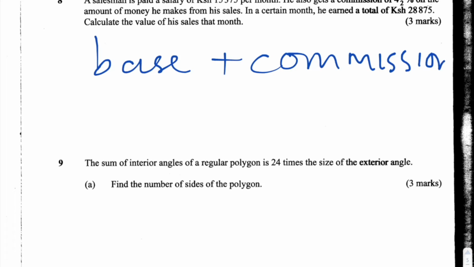He'll get a fraction of the money that he makes through the sales, and that fraction is 4.5%. So I'll highlight the key figures here. They are 15,375, 4.5, and 28,875, which we're told is the total of the base and the commissions for a certain month.